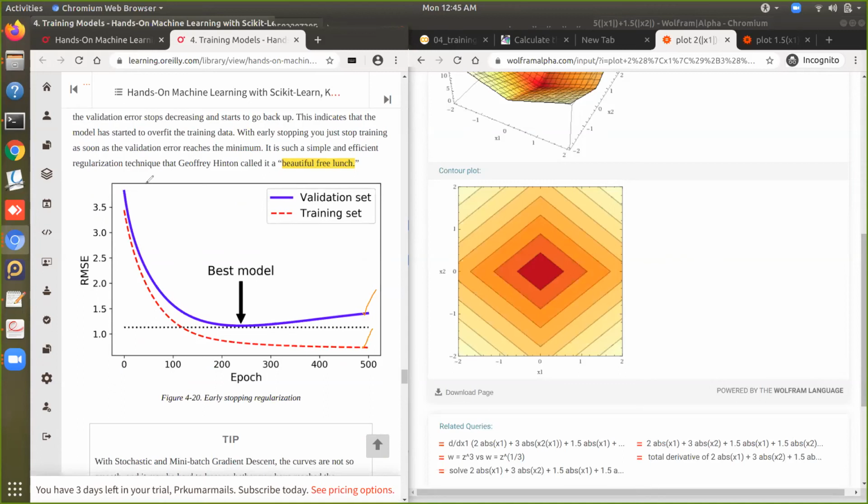As the number of epochs increases, our training error gets saturated, and our validation error decreases, and after a certain period of time it starts increasing. This is the cutoff point.